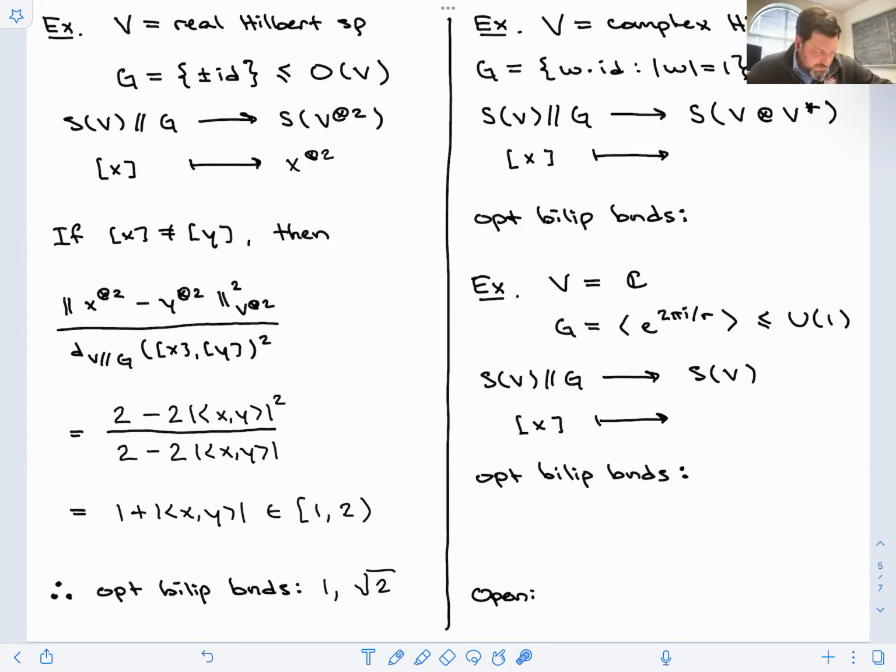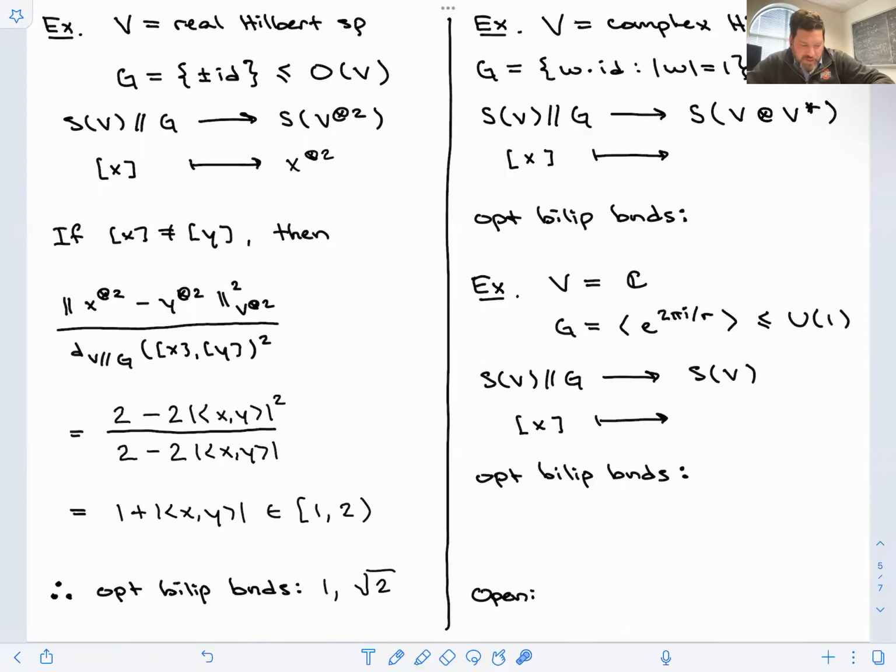So we're going to take our group to be all phased multiples of the identity. So I take complex unimodular, multiply by the identity. This is the complex analog to this guy. And we're going to mod out by that group.